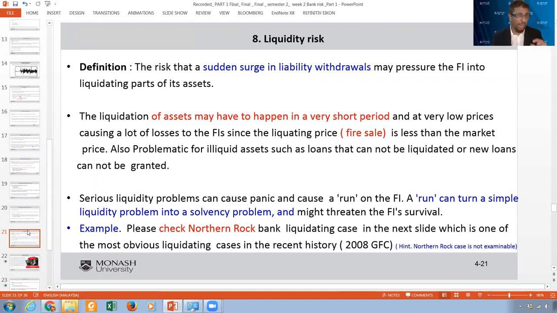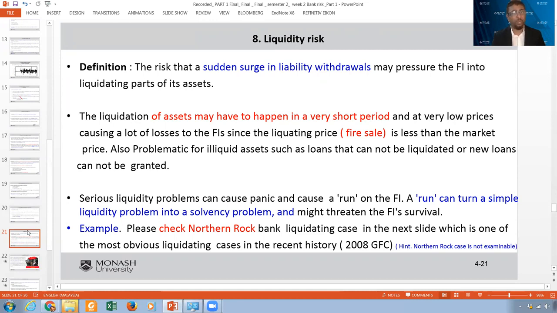Now, if you don't have enough liquid resources, either from interbank loans, from the market, or from the central bank to help you on that issue, and you default and delay the payments of those cash withdrawals, then this 20% can become 80% in a few hours, and there will be a bank run.